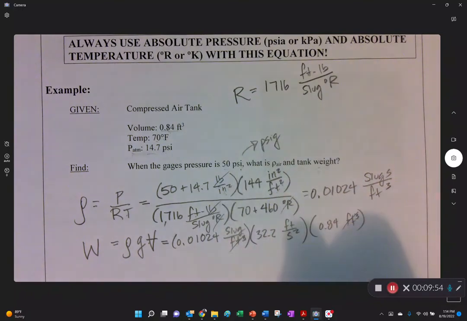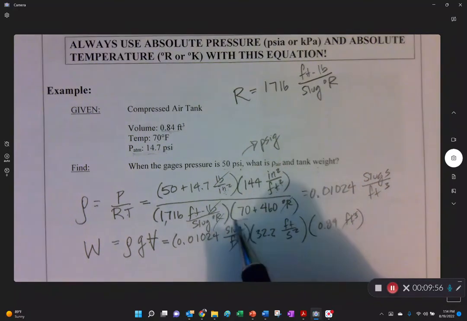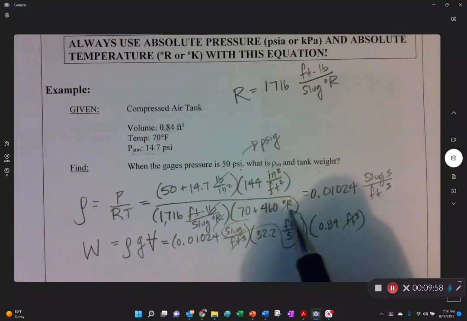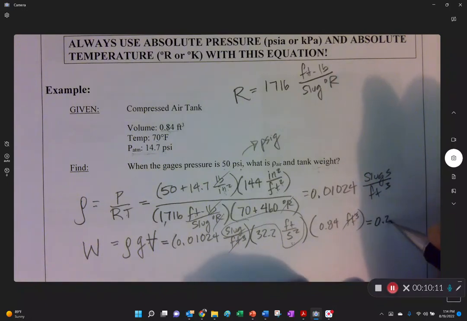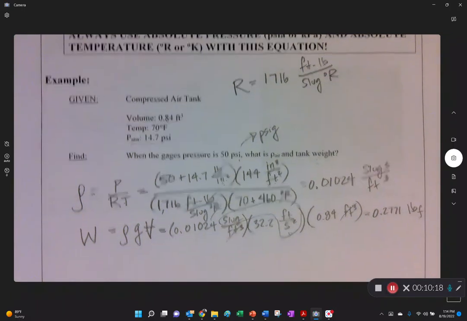The cubic feet come out. But anytime you see this magic combination of a slug times a foot divided by second squared, that, my friend, is a pound. And pound force, if you are doing it in the way that we describe it in the English system, right? So let's call it pound force right there.